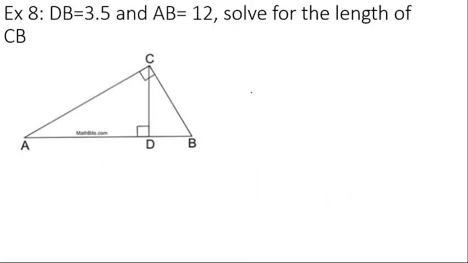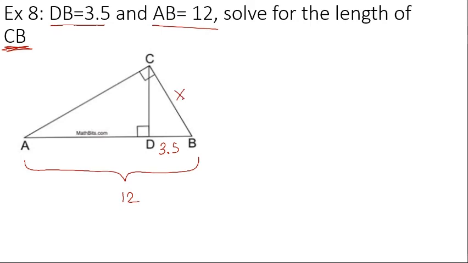All right, example 8. So it says we want to solve for, so it tells you DB is 3.5. So right here, 3.5. It says AB is 12. So from here to here is 12. So we're going to find the length of CB.